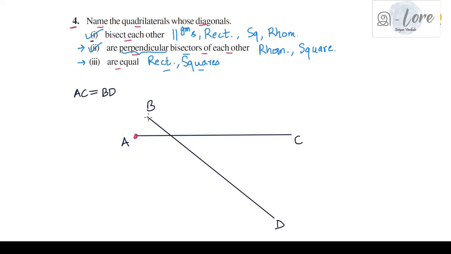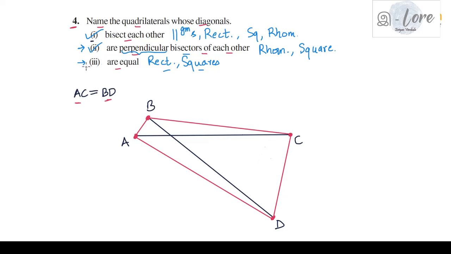And now let's take these 4 points A, B, C and D, and let's join these 4 points to complete the quadrilateral ABCD. So we have A, B, C and D like this. So we see that in ABCD, the diagonals AC and BD, we have drawn them to be equal, and yet ABCD is not a rectangle, it's not a square, it's not a parallelogram.